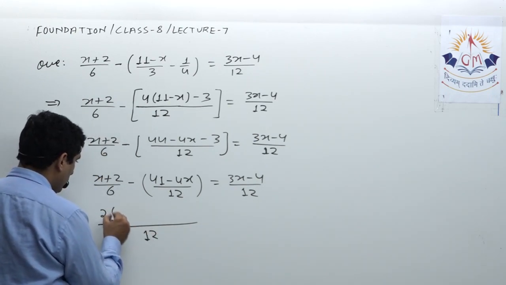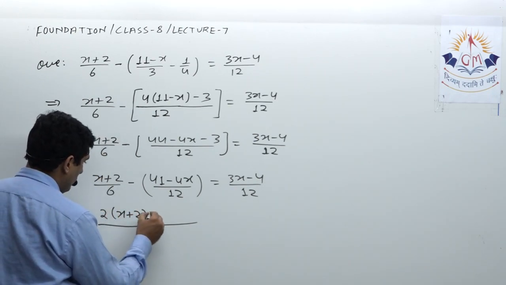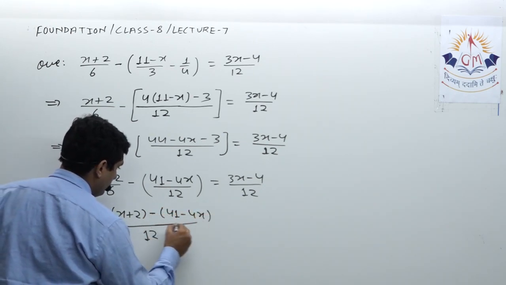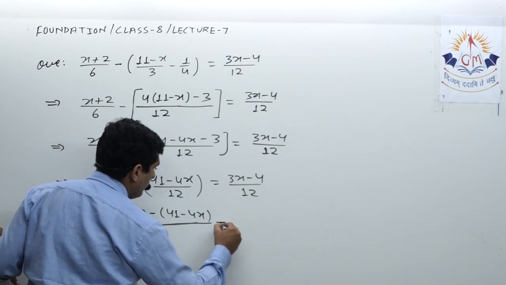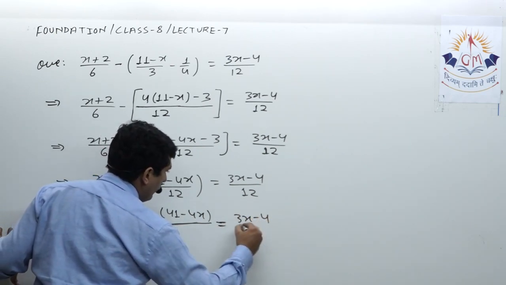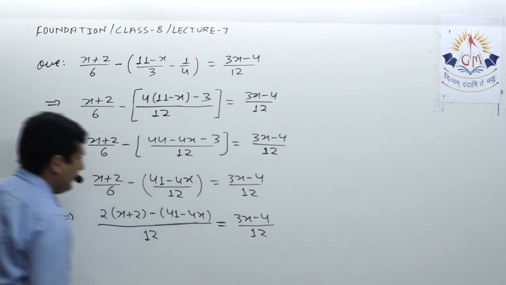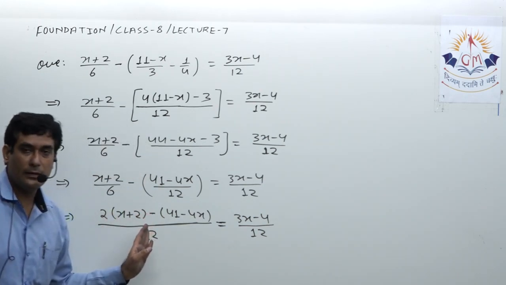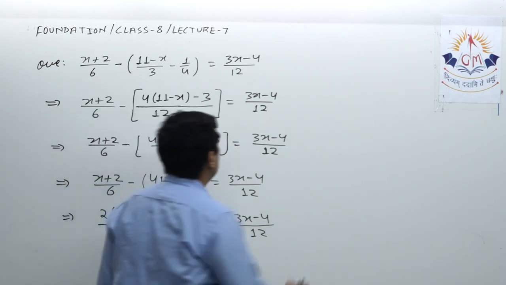So this will become 2x plus 2 minus 41 minus 4x is equal to 3x minus 4 upon 12. This 12 and this 12 I can cancel, and now when I open the bracket I will get my answer.